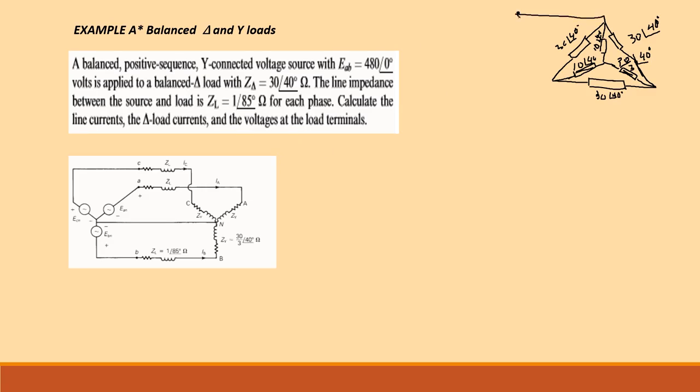Here we have phase A, here phase B, and here phase C. IA, IB, the current in phase B, and here we have the current in phase C. These are connected to the source through the impedance of a line.